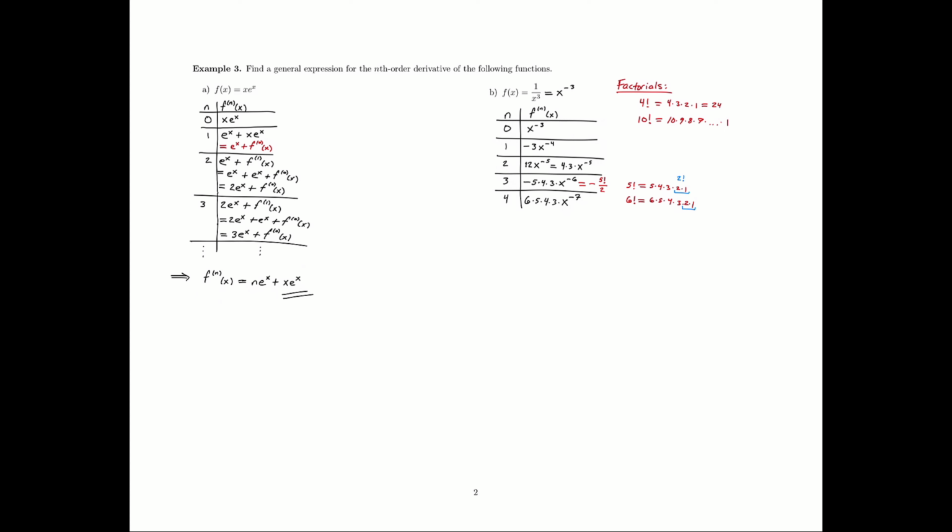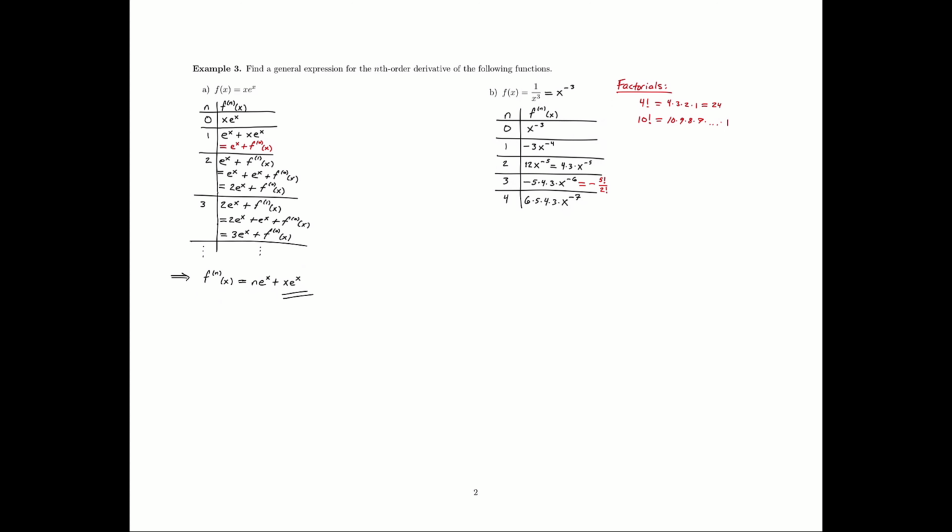I'm going to write factorial because if I had given you a different starting function, so maybe instead of 1 over x cubed it was 1 over x to the 7th, then we'd have a different factorial showing up. So I'm going to choose to do that. So this would be negative that factorial.